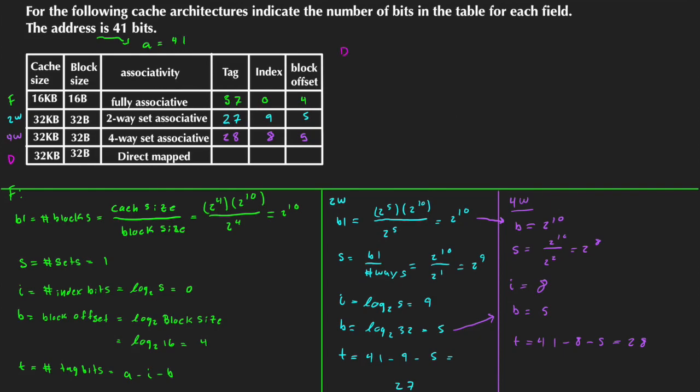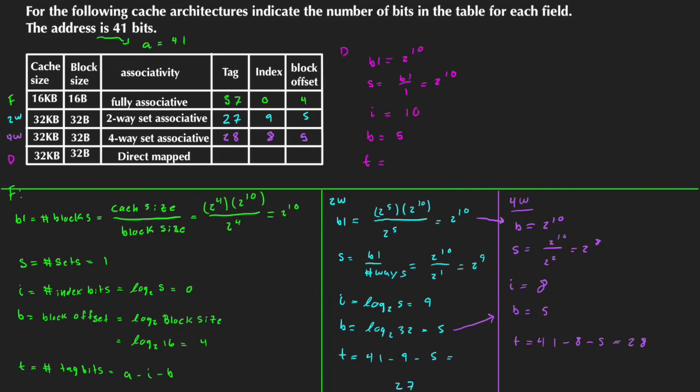All right, next let's do the direct mapped. I'll label that D. So BL is equal to 2 to the 10. Our S is our BL over number of ways, which is just 1 in direct. So that's just going to be 2 to the 10. I is just going to be log base 2 of S. So it's 10.